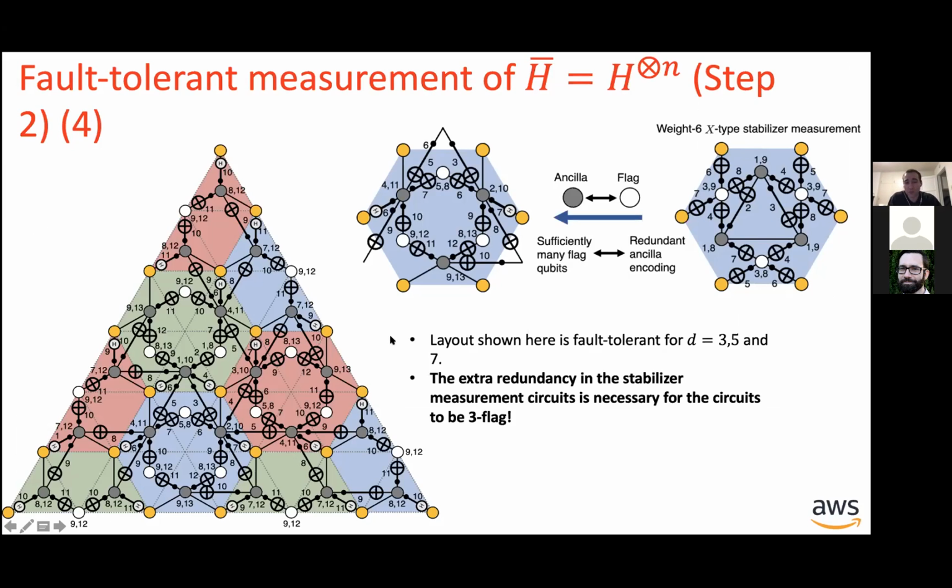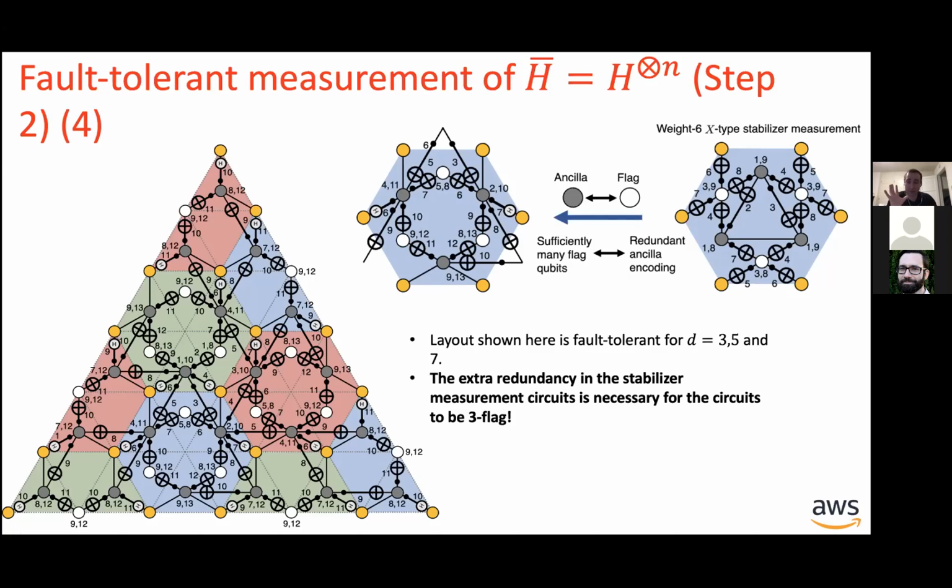And so what I mean by that is that if there are, say, 3 failures which results in a data qubit error of weight greater than 3, then at least one of the flag qubits in this whole circuit that you see here is going to be measured non-trivially. And whenever you have a non-trivial measurement outcome, whether it's for the flag qubits or for the measurement of Hadamard or stabilizers, you would reject the whole protocol that I showed you before and start the whole process over again.